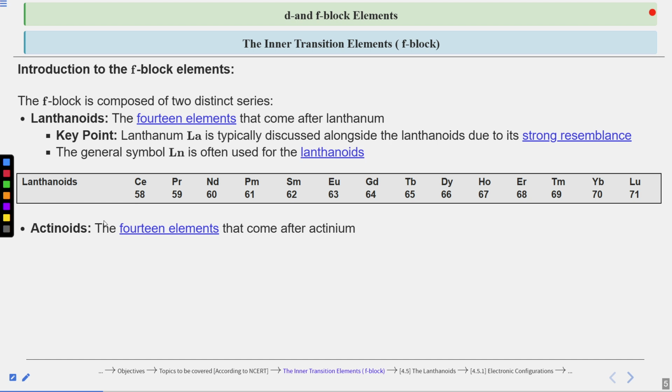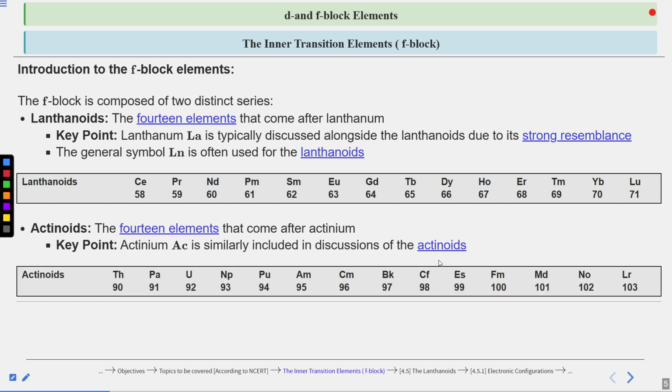The second series under the F block elements is actinoids. The 14 elements come after the actinium element. The key point is that actinium, Ac, is similarly included in the discussions of the actinoids. The actinoids include thorium to Lr, that is lawrencium.